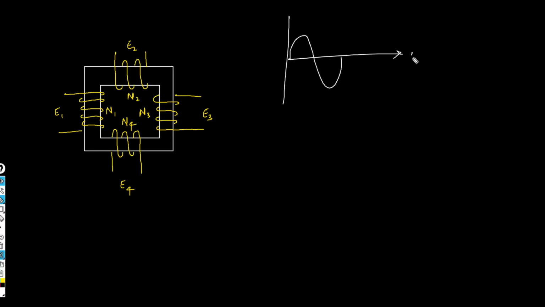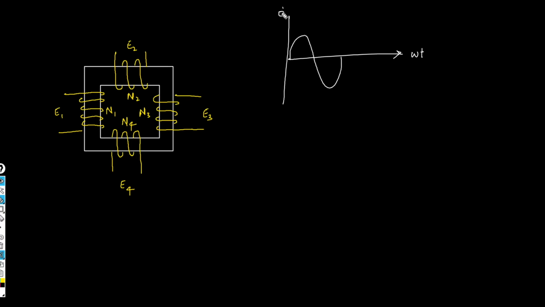And this be the E3, and the last winding has been wound in this way. Now assume that this has N1 turns, N2 turns, N3 turns, and N4 turns, and similarly I am assuming there is a flux flowing through the iron core, and that flux is varying with respect to time.